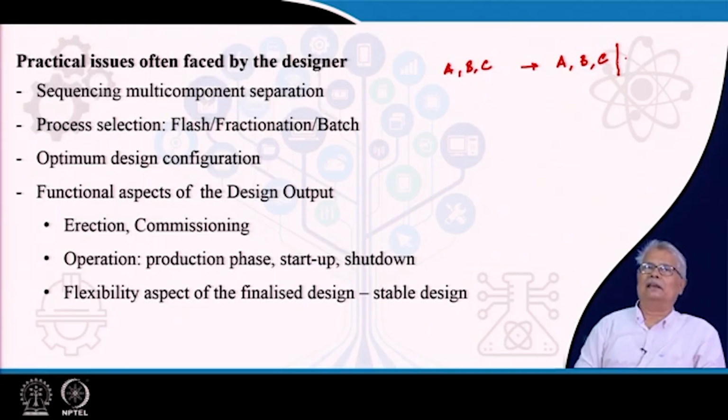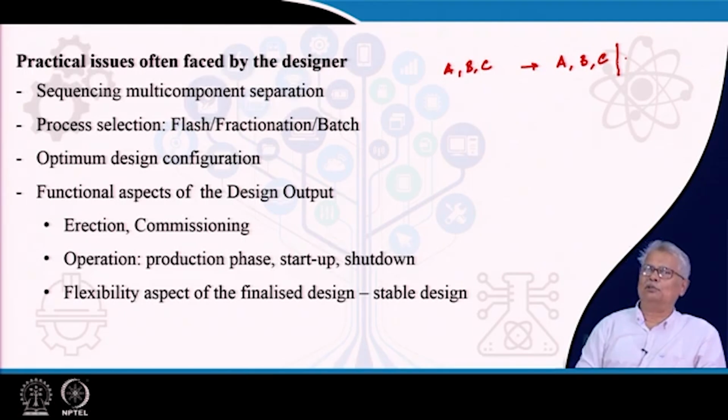We certainly have to take care of the functional aspects of the design output. The plant that one designs, the distillation setup that one designs has to be erected, it has to be commissioned safely, economically, with the available resources.